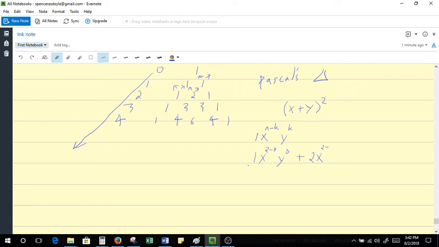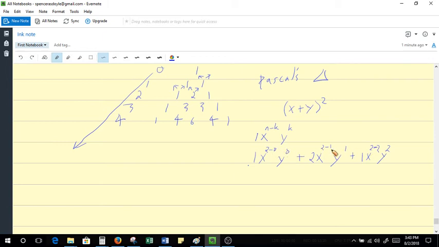plus 2, x to the 2 minus 1, y to the 1, plus 1, x to the 2 minus 2, y squared. So as k increases for y, then the exponent of x decreases because that's also going to be where k goes.